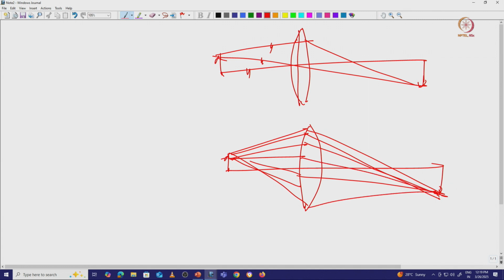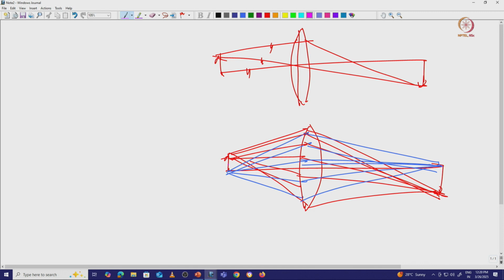Now, at this particular point, it is not only one ray coming; here also multiple rays are coming and all converge at this particular point, which is giving us this final image. What about the middle point then? If we consider the center point here, I am using a different color.